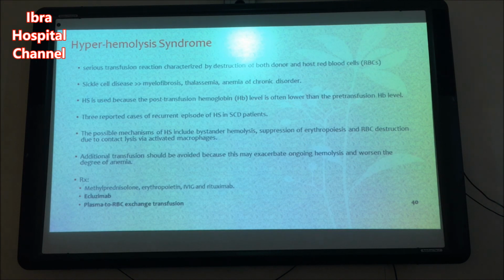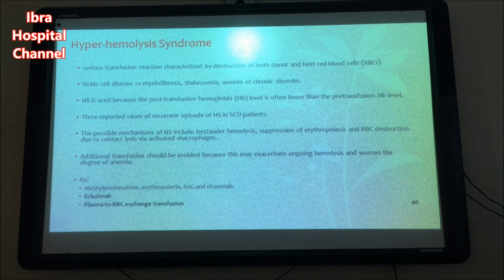So the sickle cell patient comes with a hemoglobin of 6. You transfuse him, but instead of improving his hemoglobin, he developed hemolysis and his hemoglobin dropped further. The possible mechanisms are bystander hemolysis, suppression of erythropoiesis, and red blood cell destruction due to contact lysis from macrophages.